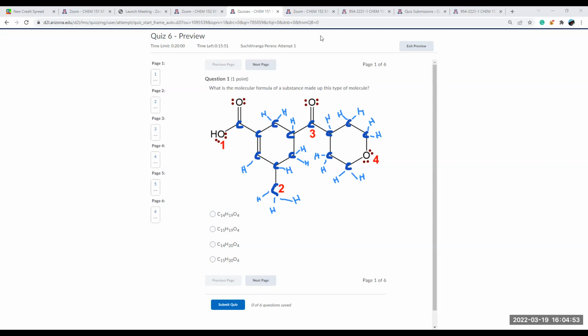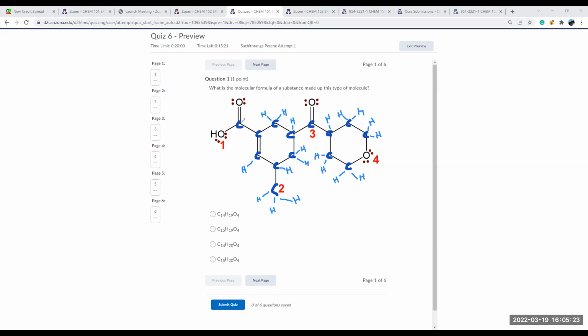Then what we need to do is we just need to count the atoms now. Let's start by counting the carbon atoms. We have 2 options, 14 and 15. Let's see. Okay, now 1, 2, 3, 4, 5, 6, 7, 8, 9, 10, 11, 12, 13, and 14 carbons.